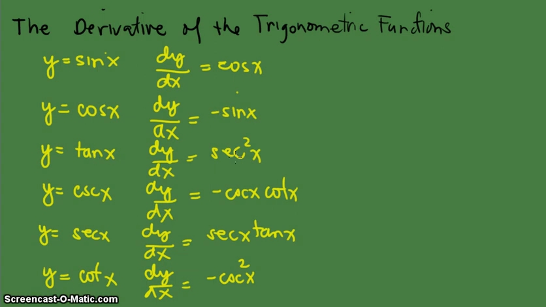Tangent will always go with secant, so the derivative of tangent is secant squared x. Cosecant will always go with cotangent, so there's still one cosecant, but the other function is cotangent. That's why when you look at cotangent, the derivative is a cosecant. The secant, as we mentioned a while ago, will always go with tangent, so the derivative is secant tangent x.